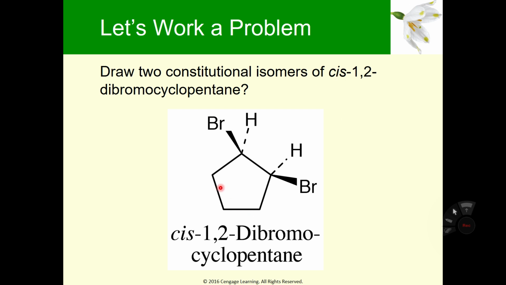So in this case, this is 1,2, so the constitutional isomer will be 1,3-dibromo. You can move the other carbon here, and this is 1, 2, 3, 4, but this is not really 4.